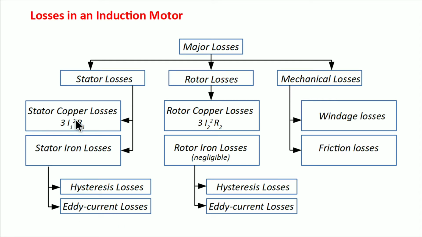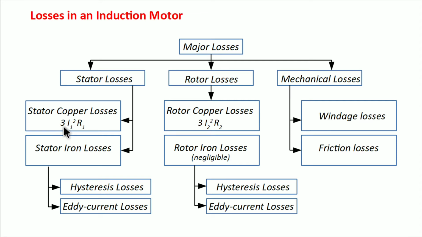Now, stator copper losses. Stator copper losses are the power consumed by resistance, I squared R. So if the primary current is I1 and primary resistance is R1, then the power consumed by one phase winding resistance is I1 squared R1.